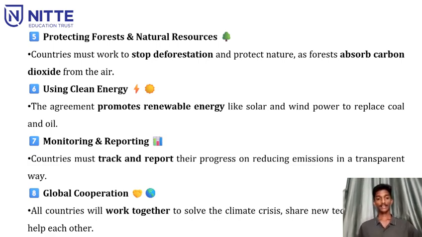And promoting clean energy. This agreement promotes clean renewable energy like solar and wind power, using the sun for electricity to replace coal and oil, all the fossil fuels we use for transportation.